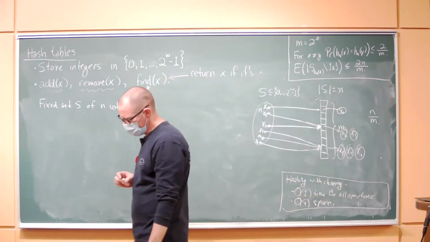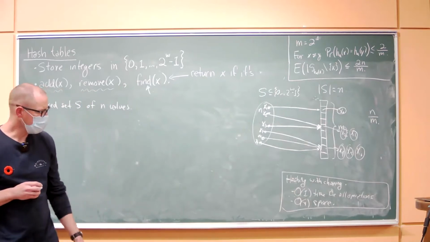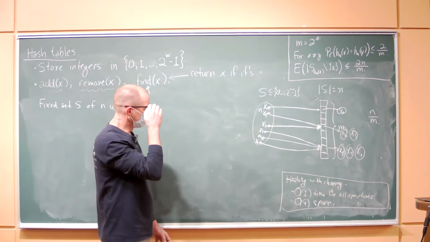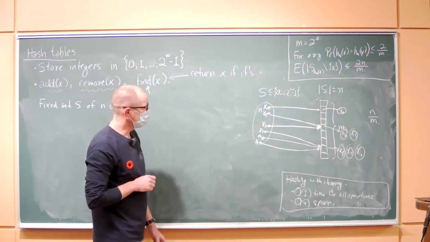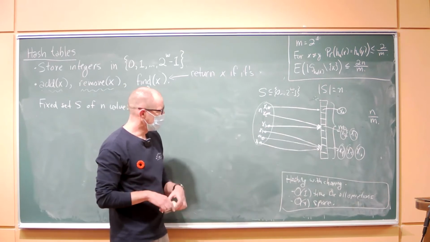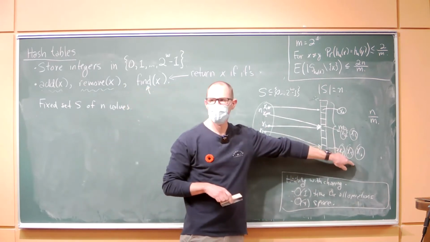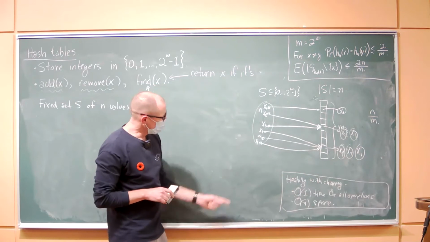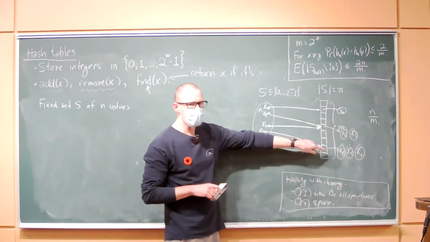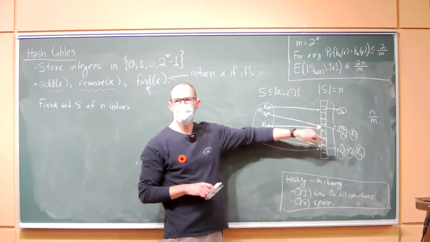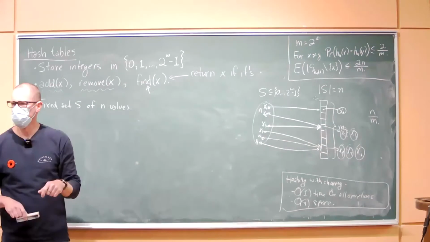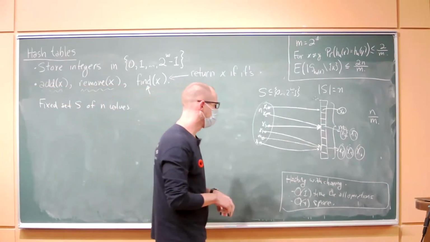So what does that mean, or how could I hope for that to work? Well, it means I want to do the same thing here, but I don't want these chains. When I hash X and find it somewhere, I'll either want to see X there by itself, or nothing there, because X is not in the table.